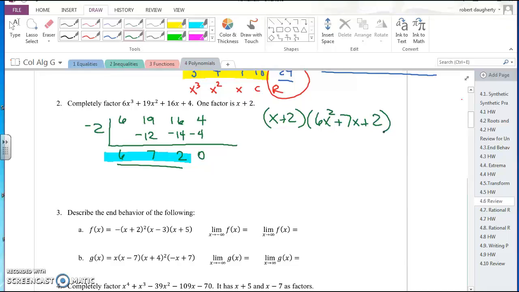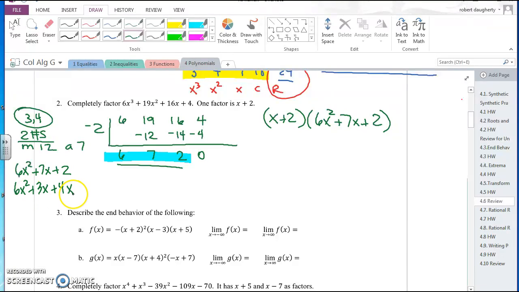So now all I need to do is to factor that particular case. So 6x squared plus 7x plus 2. I need to find two numbers that multiply to give me a 12 and add to give me a 7. Those numbers should be 3 and 4. So I'm going to rewrite this as 6x squared plus 3x plus 4x plus 2.